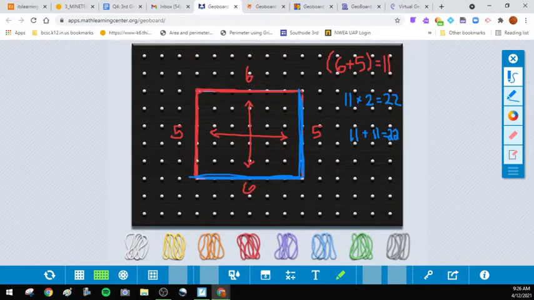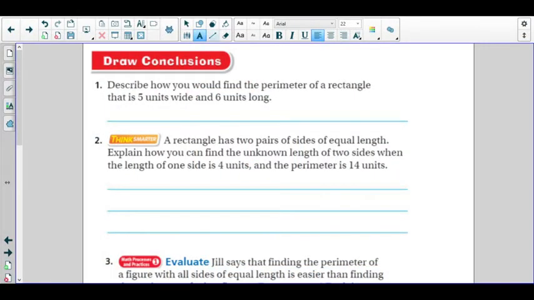So the answer that I would put right here, and this is what they're wanting us to get to, is that we're going to add the two known sides, and that is going to be 5 plus 6.